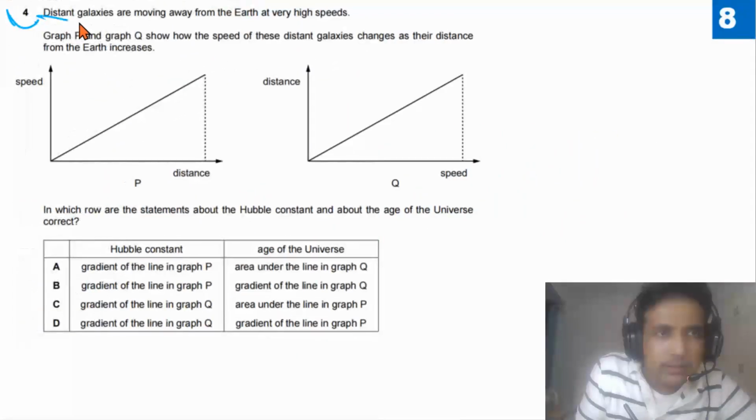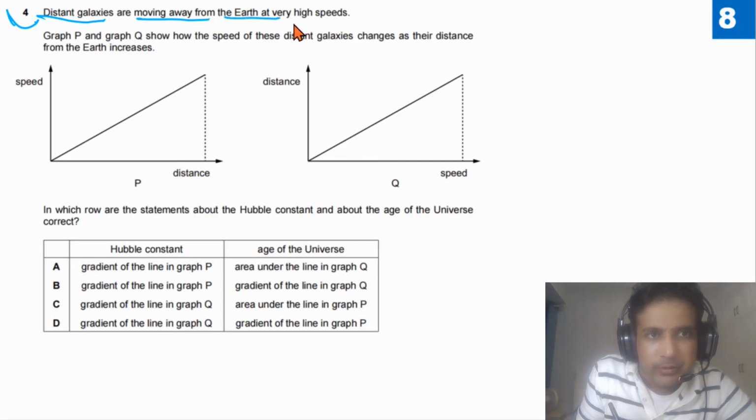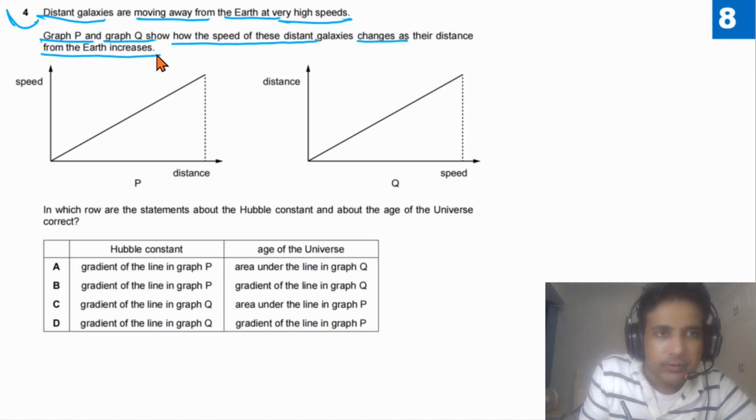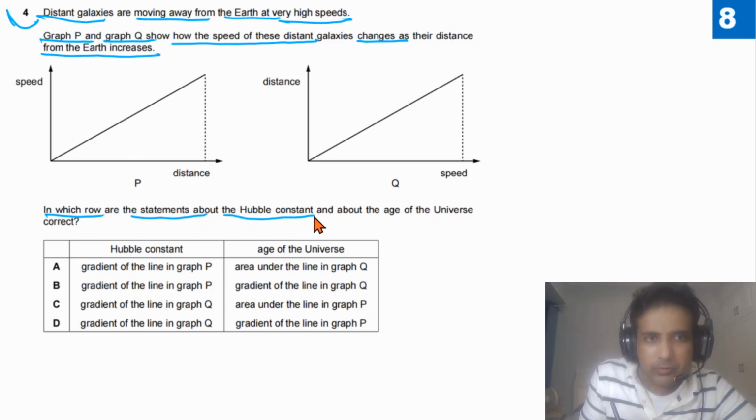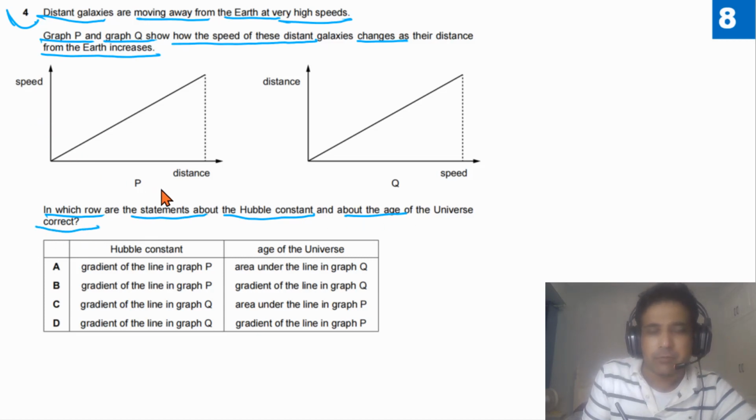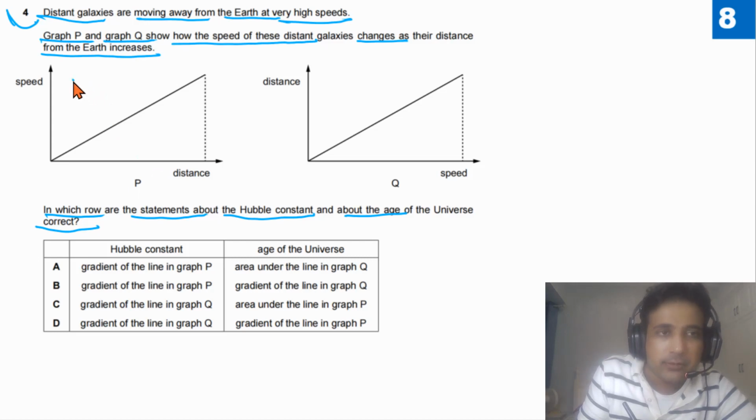Question 8 says distant galaxies are moving away from Earth at very high speeds. Graph P and graph Q show how the speed of these distant galaxies changes as the distance from the Earth increases. In which row are the statements about Hubble's constant and about the age of the universe correct? If you look at this graph, we have speed and distance. According to Hubble's law, v = H0 d.